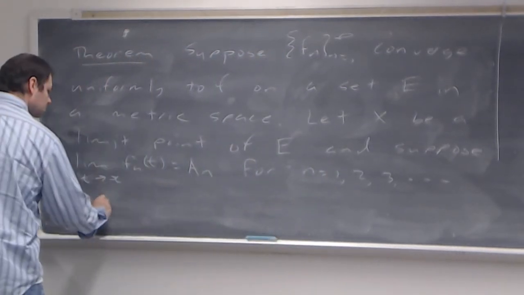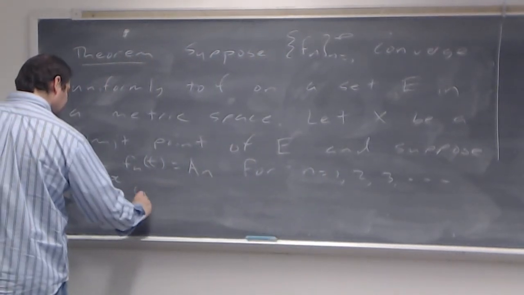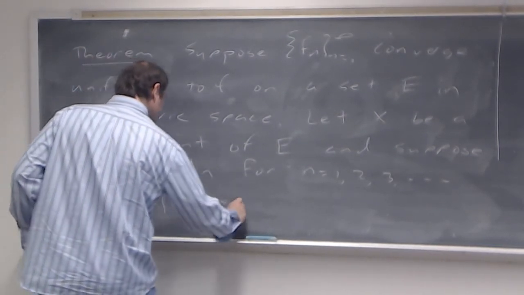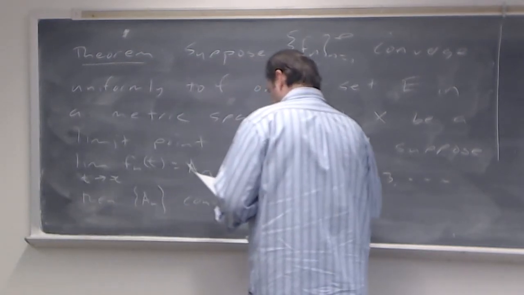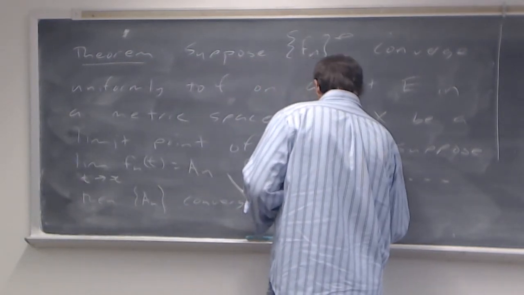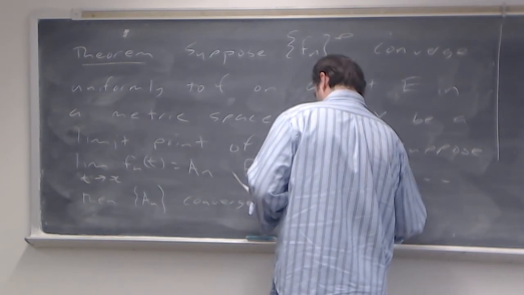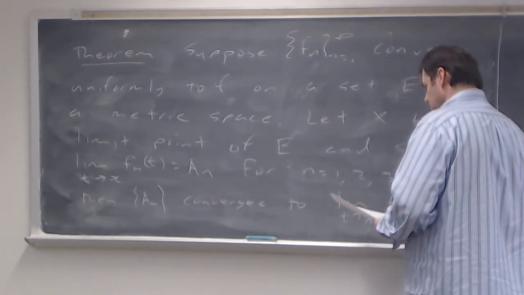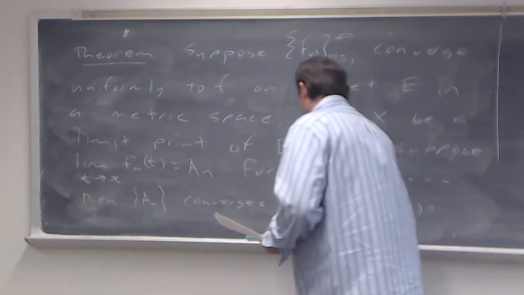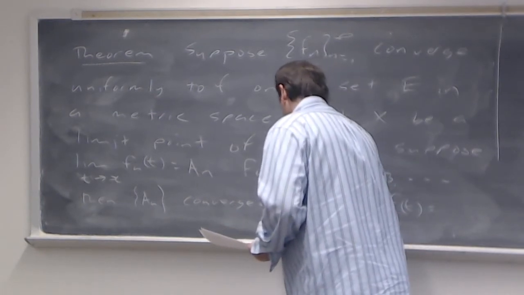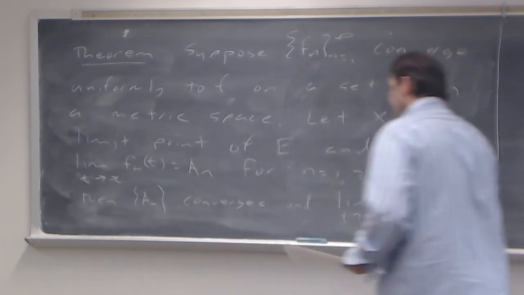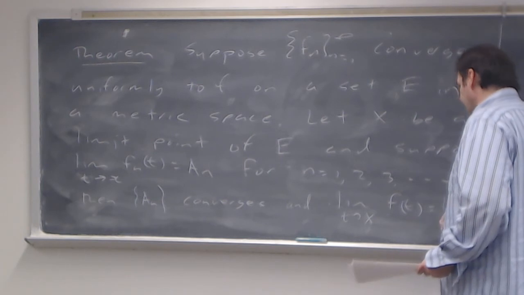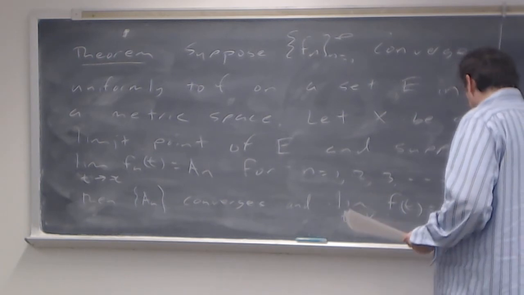Then the sequence of the a sub n's converges, and sorry, I made a mistake. The limit as t goes to x of f of t converges to the limit as n goes to infinity of a sub n.